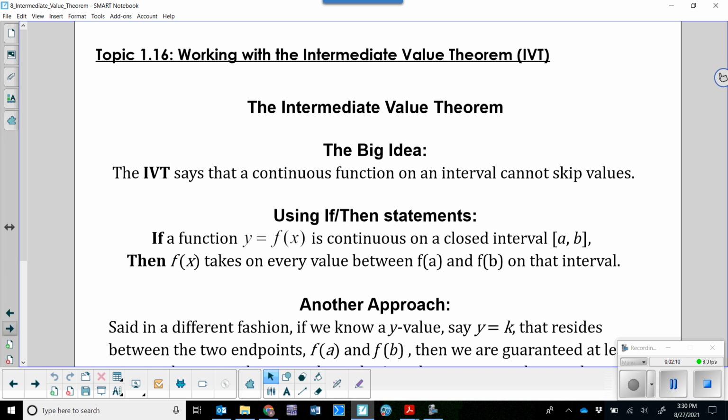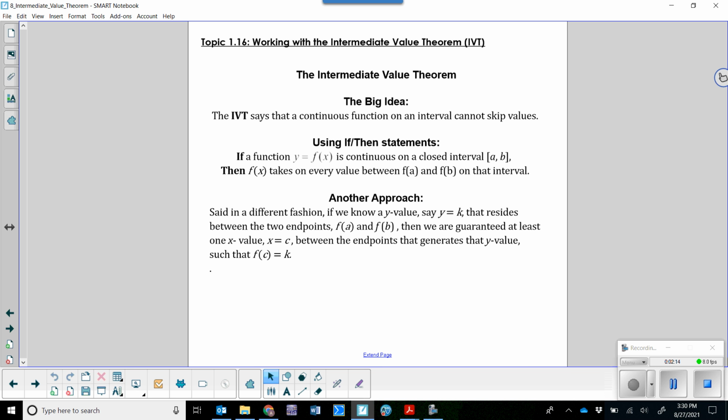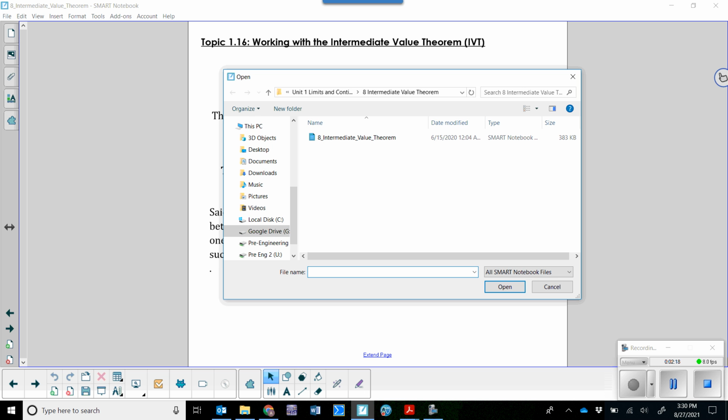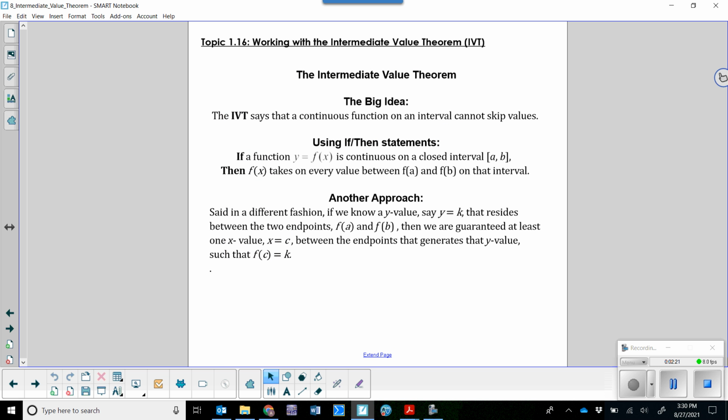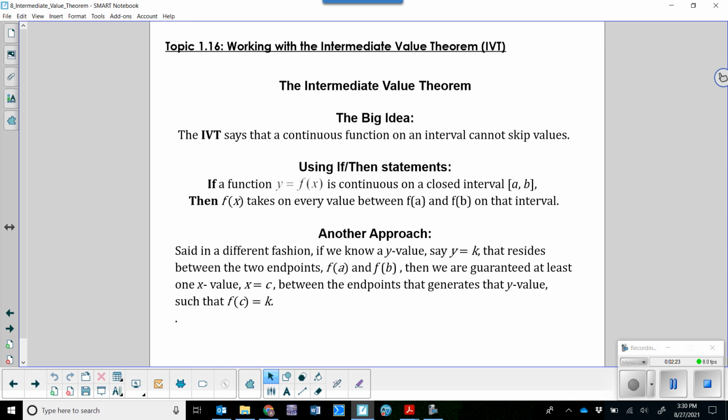So when you're working with the intermediate value theorem, again, the first part that's true is that it must be a continuous function. Now the big idea, the general words: we have the theorem that has all the little technical parts and all the things that have to be exactly true and very precise, and we have to follow that.